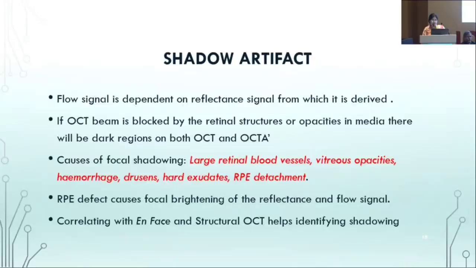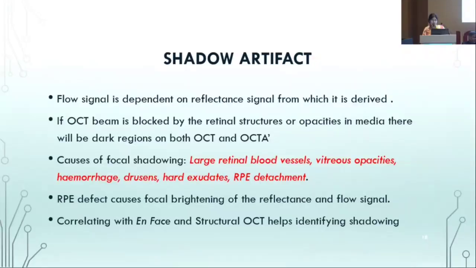For the shadow artifact, the flow signal is dependent on the reflectance signal from which it is derived. If the OCT beam is blocked by the retinal structures or opacity in the media, there will be dark regions on both OCT and OCTA. Causes of focal shadowing are large blood vessels, vitreous opacities, hemorrhage, drusen, hard exudates, and RPE detachment. RPE defect causes focal brightening of the reflectance and flow signal.